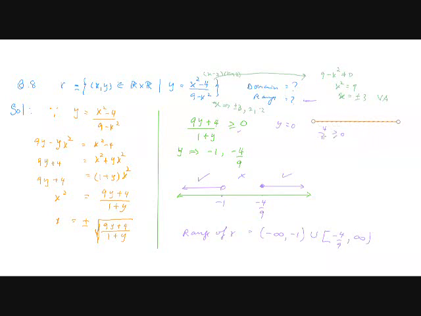Then you can write down your testing points, right? We have ±2, -3 and 3 here, and 2 here, -2 here. So you have these 4 points here, and then you can test.